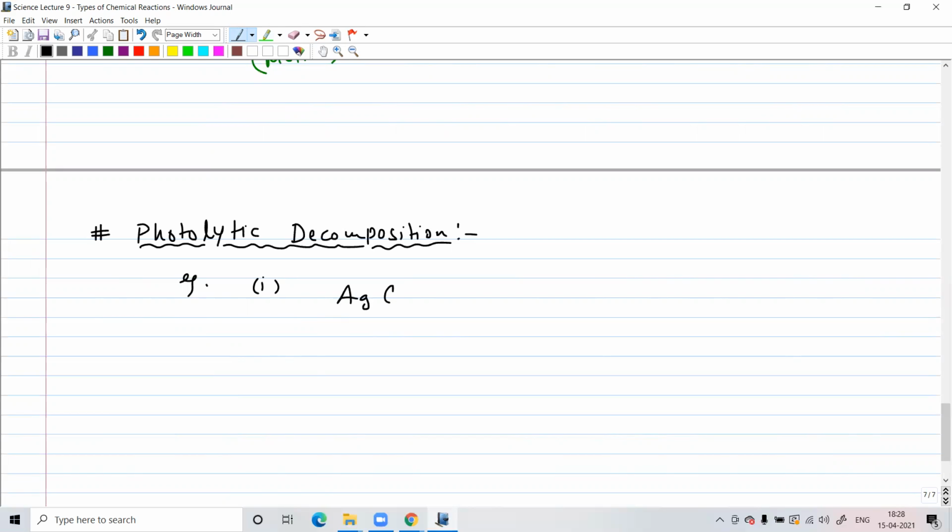Can anyone tell me what will be the name of this compound, AgCl? I couldn't hear you. Say that again. What is Ag first of all? Silver, sir.